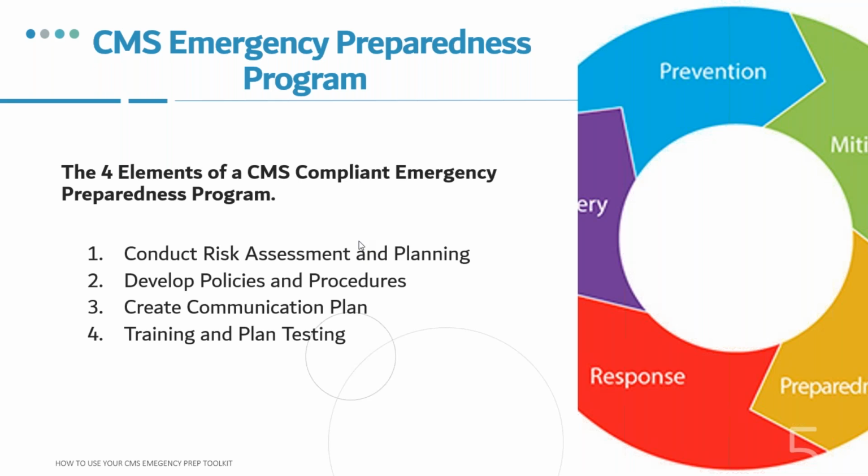You need to develop policies and procedures that are specific not only to your center, program, or organization, but also to your provider type. We'll get more into that as we go along. We're going to create a communication plan, and then you also need to train and test your emergency operation plan through exercises and training.